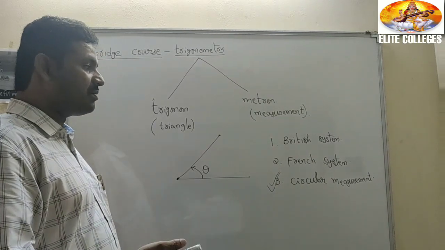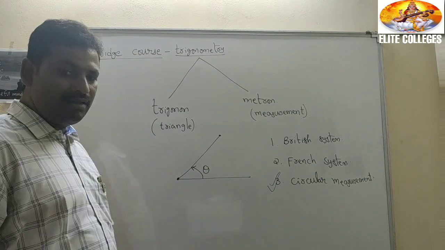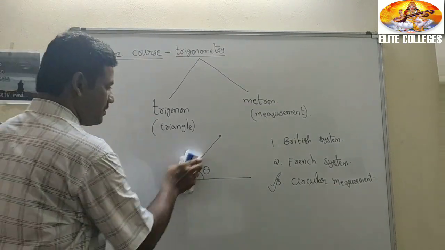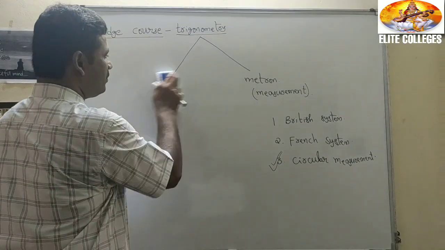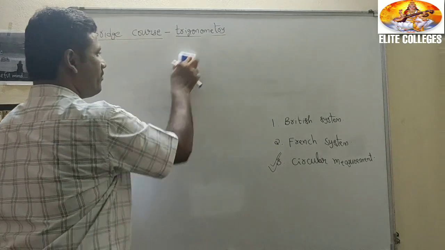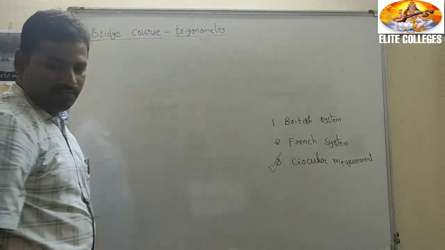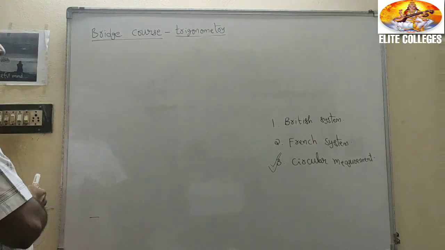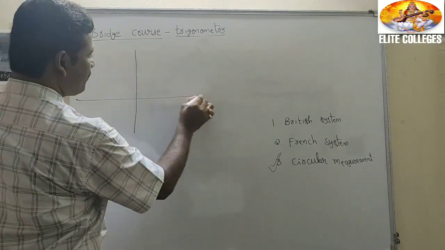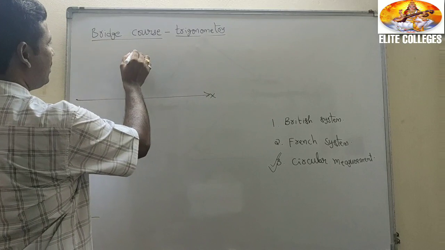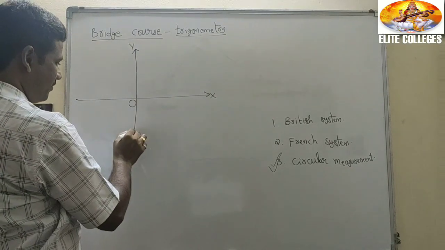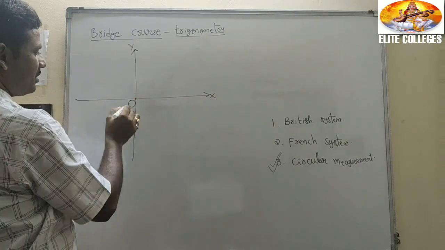So what is the circular measurement? How do we measure the angle? Let us see. This is the x-axis and y-axis, and this is the origin.